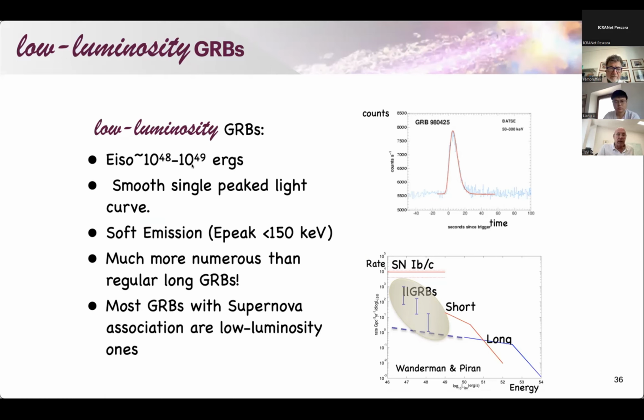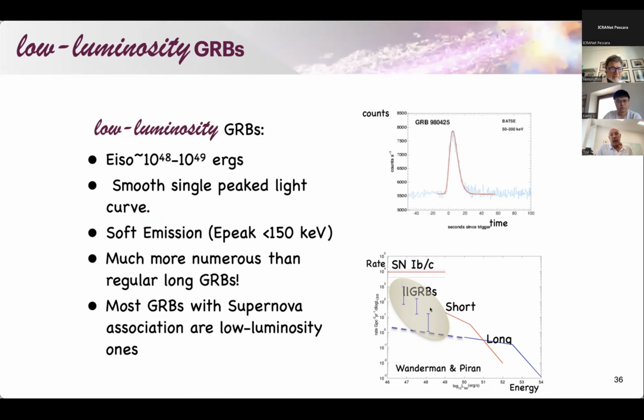These events have isotropic energy much lower, 10^48 to 10^49 ergs, about 2 or 3 orders of magnitude less than regular GRBs. A canonical one is 980425. It is a very smooth burst, going up and down in a single spike.